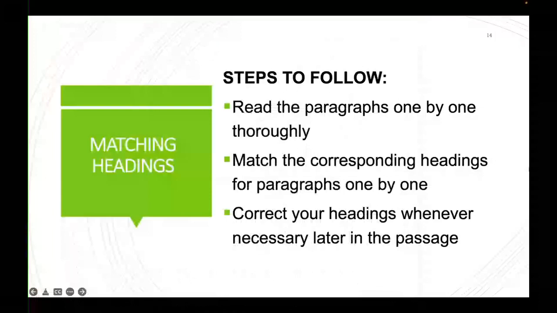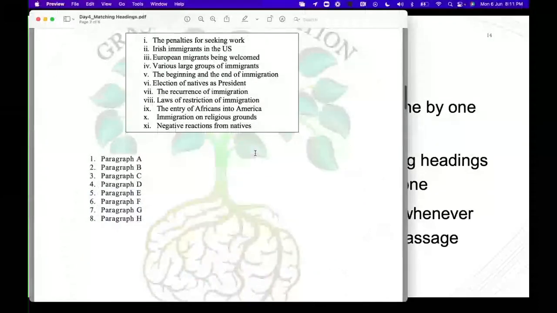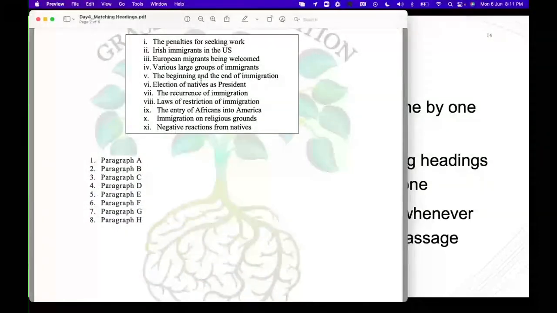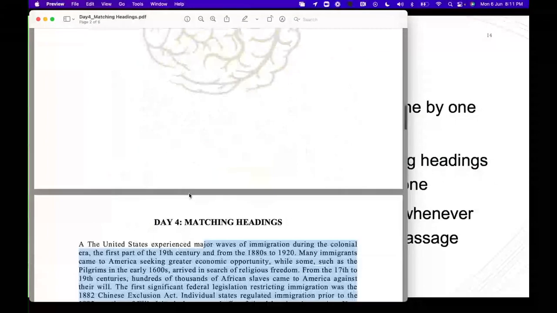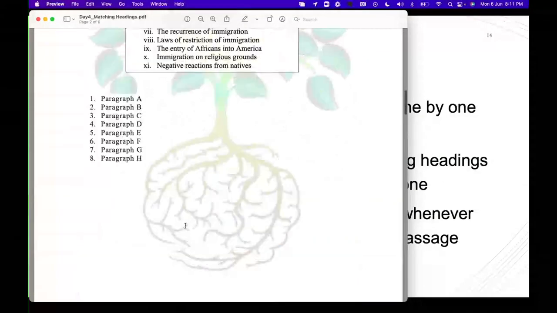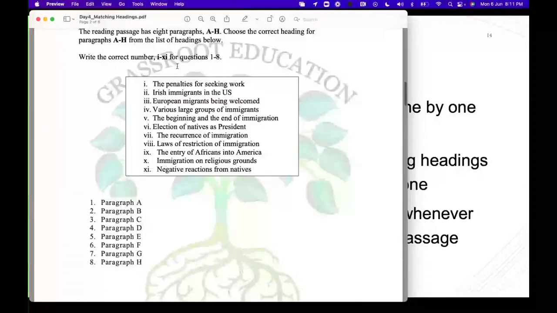You are supposed to understand that and then try and match it with the headings. So after you have read paragraph A, you will see if the summary of paragraph A is actually matching with this title. You are supposed to check that.